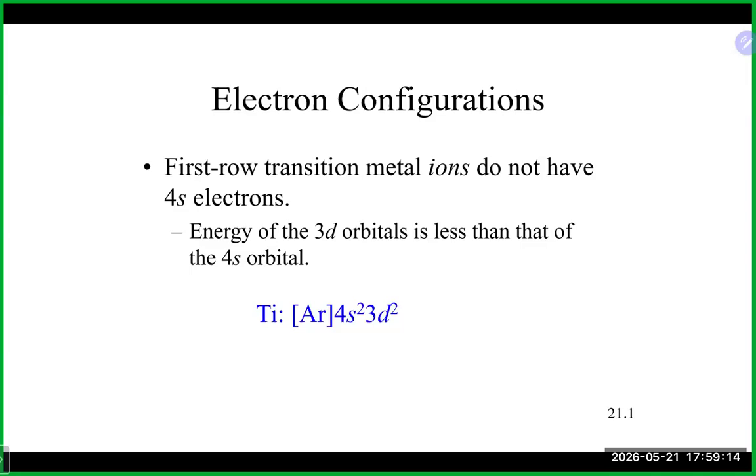All right. So if we take a look at Ti3+, here's the electron configuration for Ti. The plus 3 means it has lost 3 electrons.